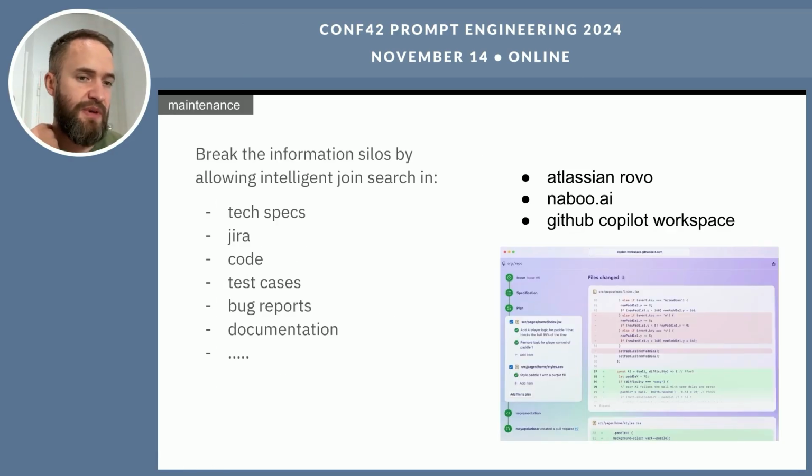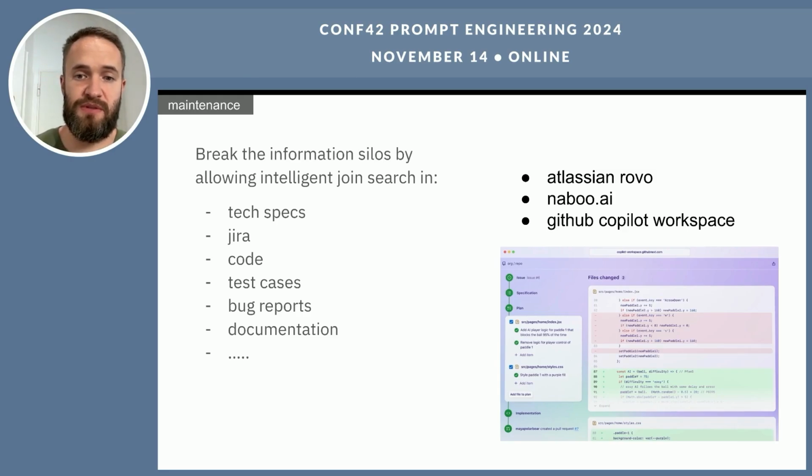Another interesting thing for maintenance is search: how to find something across the whole project. It gives the ability right now to merge and join a lot of pieces of information together and make it useful information to help solve something. It could be specs, Jira tickets, code, test cases, bug reports, documentation, etc. It can give you answers based on them. There are a couple of products working with this.